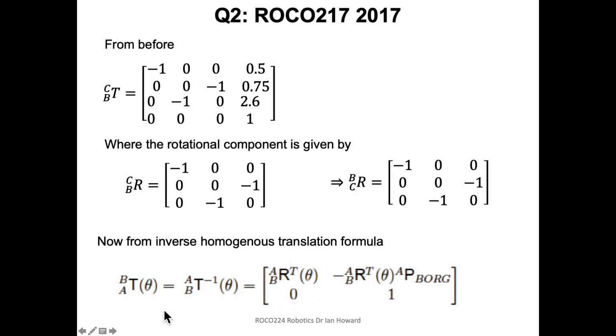That's one way to do it. You could just do the whole thing and use a matrix inverse command. If you're doing things by hand, then obviously you have to start analysing them in a bit more sensible way like this. So what we can do is break it down into the inverse rotation, and then minus the inverse rotation times the translation. Right, so we just basically break it down.